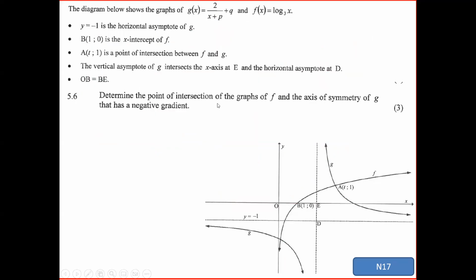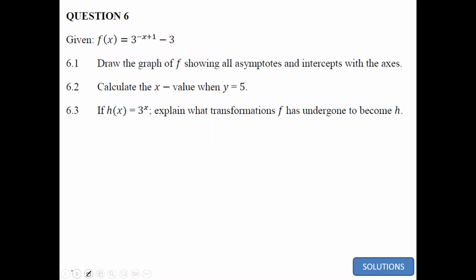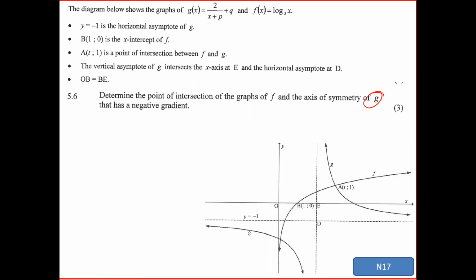The next question: determine the point of intersection of the graph of f and the axis of symmetry of G that has a negative gradient. So we know the axis of symmetry for a hyperbola. So if we look at that, that's the G graph. So axis of symmetry, because it's negative, y will be equal to minus x plus c. Now, if we look at the asymptotes, where are the asymptotes actually intersecting?